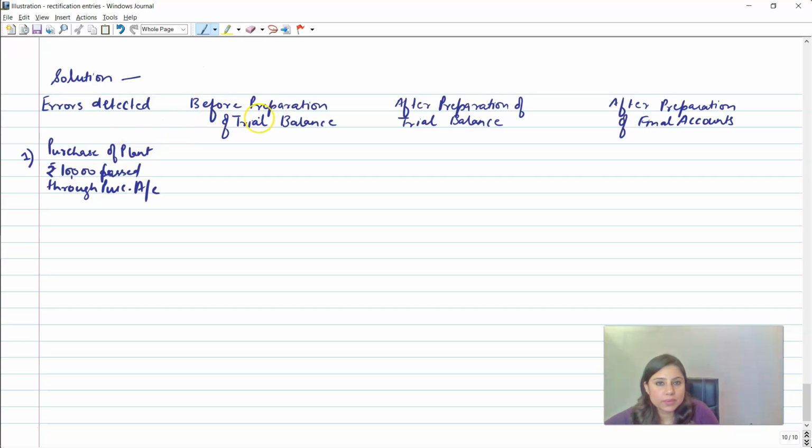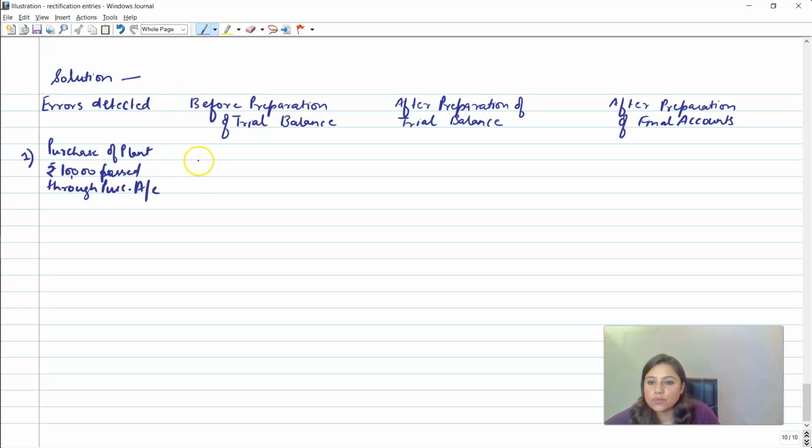So before preparation of trial balance, because we know both the accounts in which the entry needs to be passed, we would be crediting the purchase account as we've already debited 10,000. In order to nullify the effect of that 10,000, we would be crediting the purchase account and thus directly debiting the plant account.